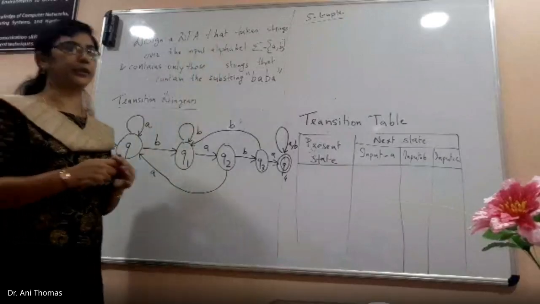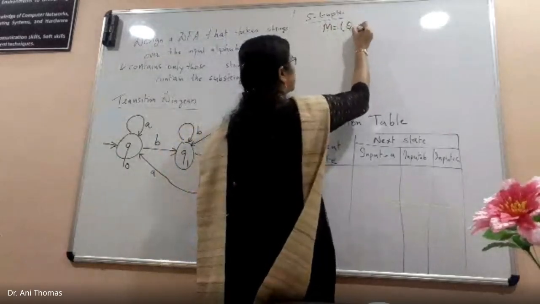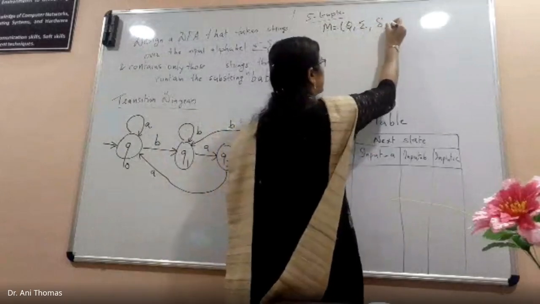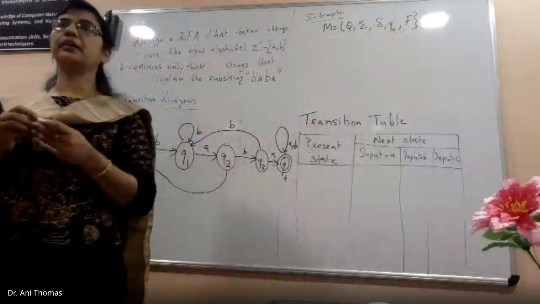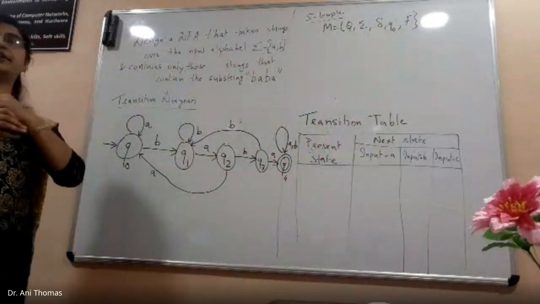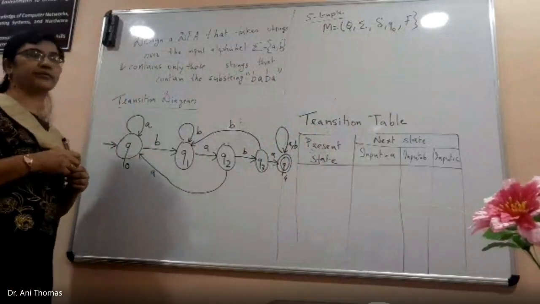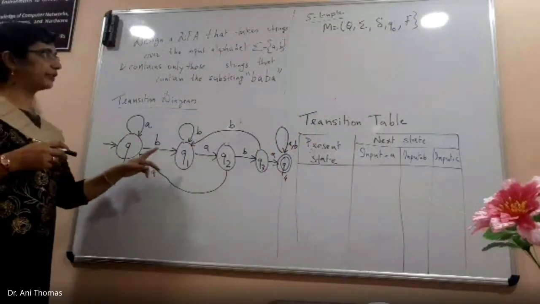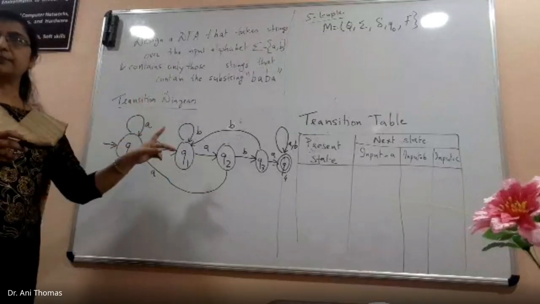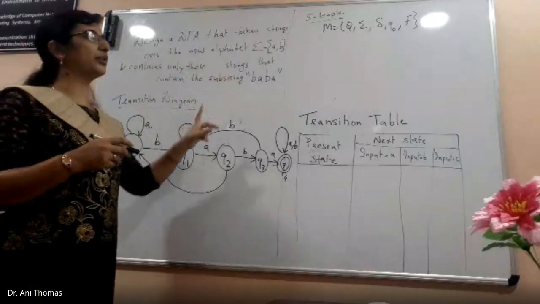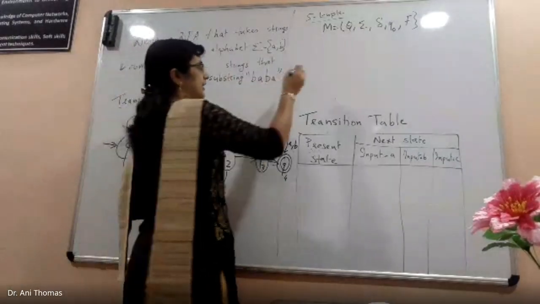Now we will make the five tuple, that is M is equal to (Q, sigma, delta, Q0, F), where Q is the total set of states, sigma is the input alphabet, delta is the transition function, which is a mapping from Q cross sigma to Q, Q0 is the initial state, and F is the set of final states.